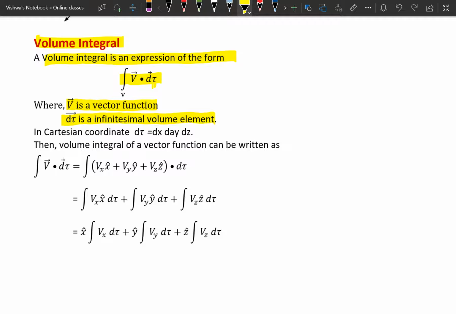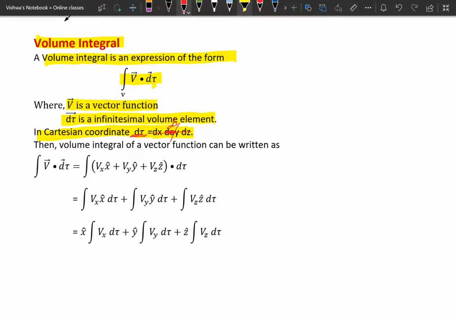In Cartesian coordinates, these are represented by the coordinates x, y, z. So in Cartesian coordinates, d tau, the infinitesimal volume element, is obtained by the multiplication of dx, dy and dz. Here is the mistake, it is dy. dx dy dz gives the infinitesimal volume element.